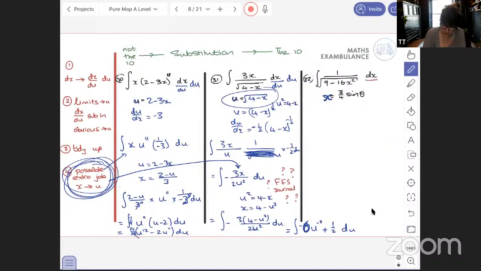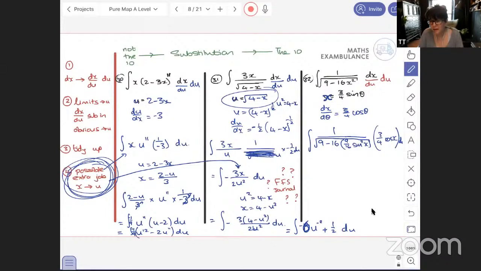Okay, how do we do this? We do exactly the same. We go by du, and then we differentiate. And then we sub in. And then we put the dx by du there. Oh, it's the right way up. I don't need to do that. Dx by du. And this has got a square root over it.